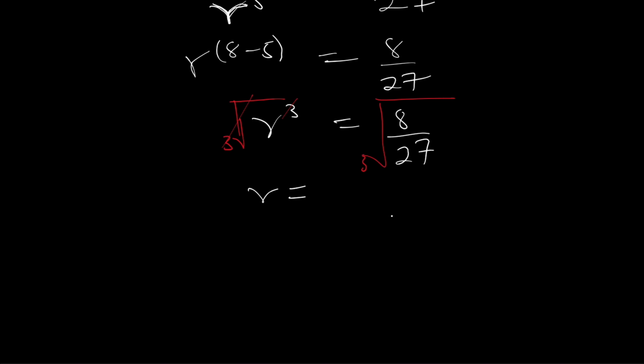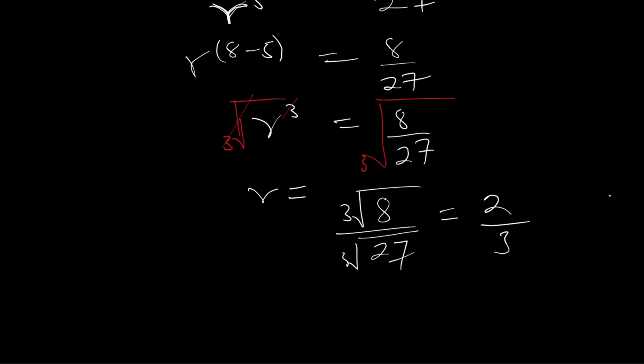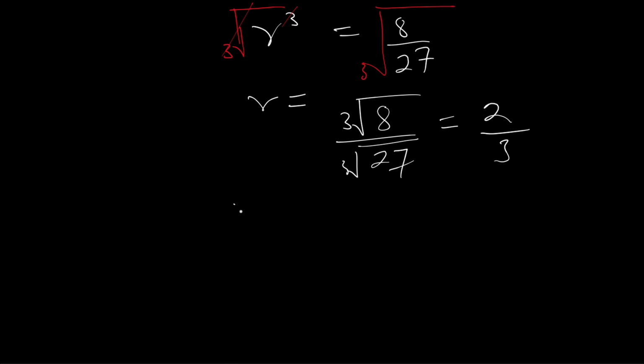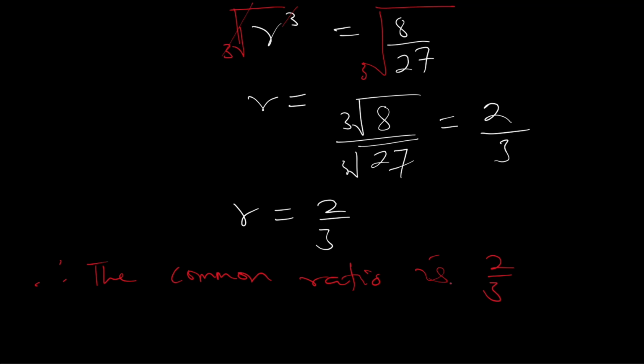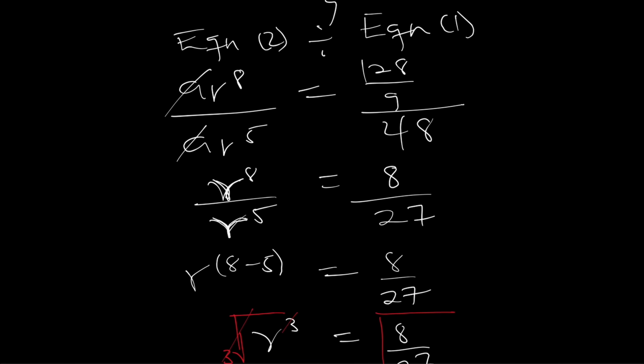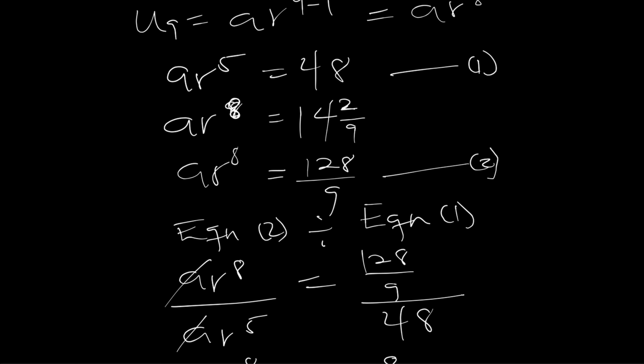Our R will be equal to the cube root of 8 over the cube root of 27. The cube root of 8 is 2, and the cube root of 27 is 3. So our R is equal to 2 over 3. So therefore, the common ratio is 2 over 3.